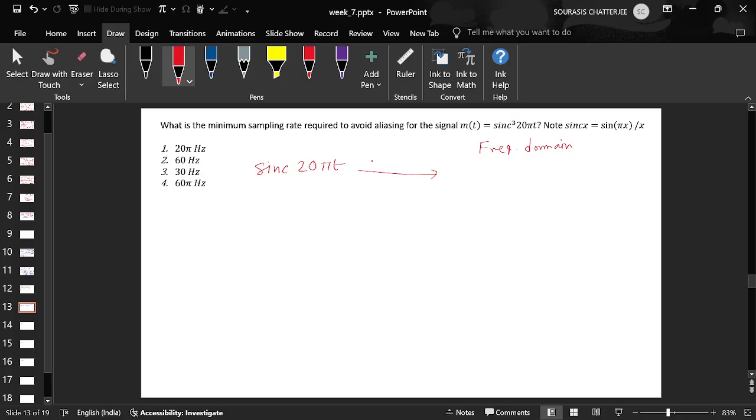Two properties the sinc pulse in time domain is going to have in the frequency domain: first of all, it's a rectangular pulse, and second of all, its one-sided bandwidth, not frequency, is going to be 10 pi.